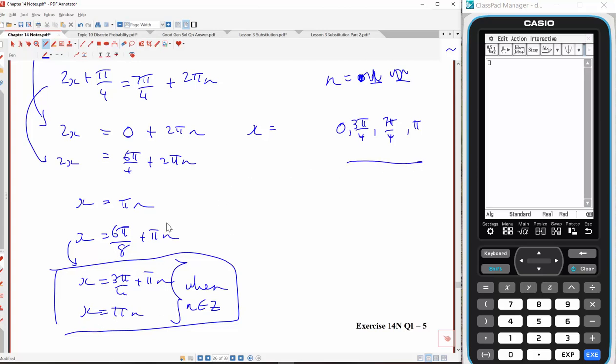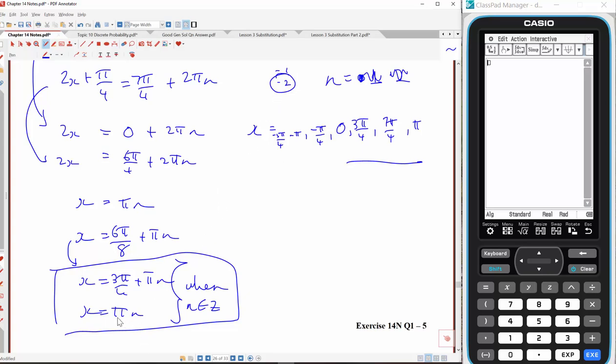All right, let's get our negative solutions now. We're going to put in negative 1, which is going to be 3 pi on 4 take away pi. That's 3 pi on 4 take away 4 pi on 4, which is negative pi on 4. And when I put it in here, it's going to be negative pi. Now let's try n is equal to negative 2. That's going to be 3 pi on 4 take away 8 pi on 4, which is negative 5 pi on 4.